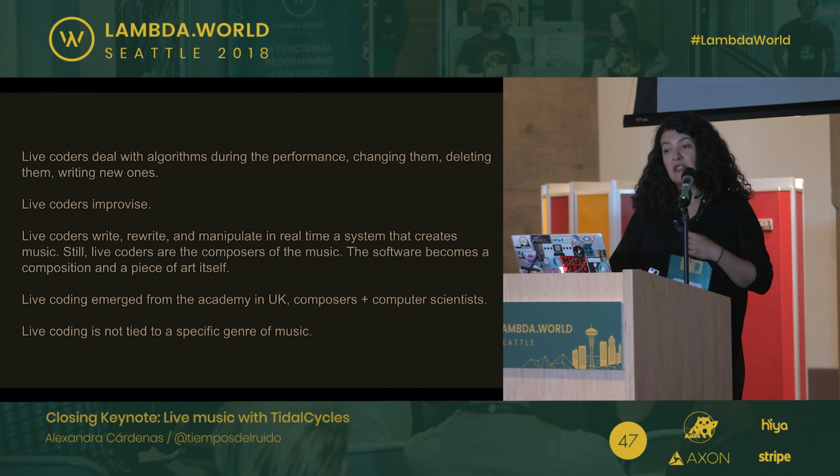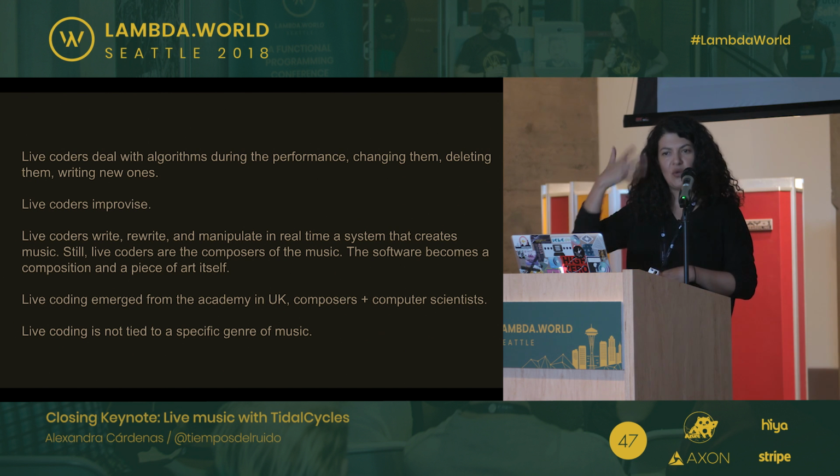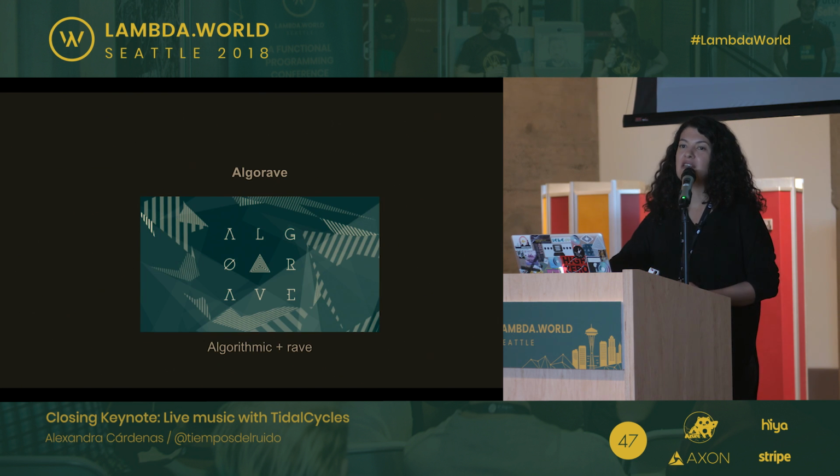It's not tied to a specific genre of music. I started with live coding because I'm an electroacoustic composer, so I make abstract, textural music, very much in the John Cage school. But then the Algorave appeared, a portmanteau of algorithmic rave.